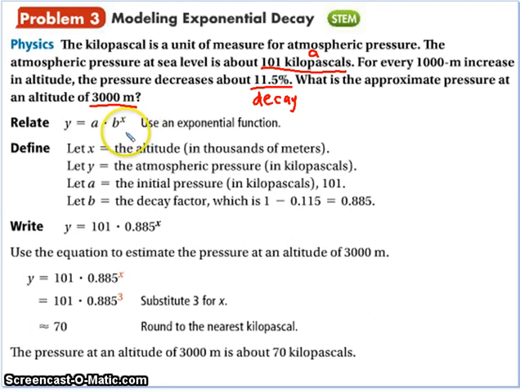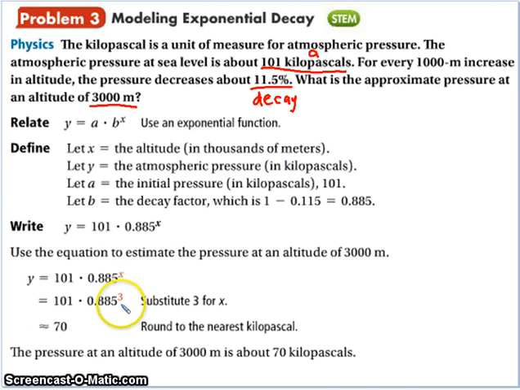All right. So A is the initial pressure. That's 101. B is the decay, which is 1 minus the percentage. So we get 0.885. So we plug it in. Now, we've made X to be the altitude in thousands of meters. That means we don't have to plug in 3,000. That means we can simply plug in 3.